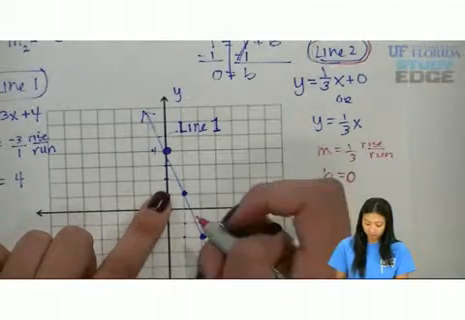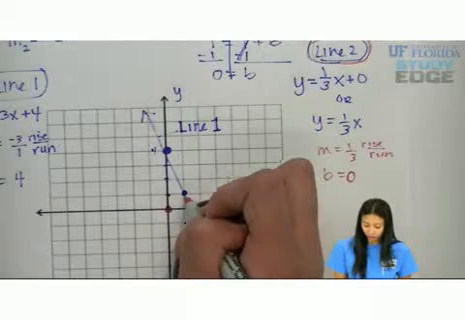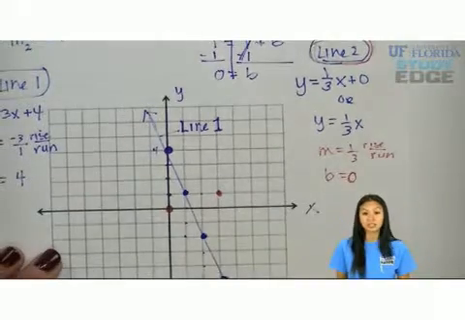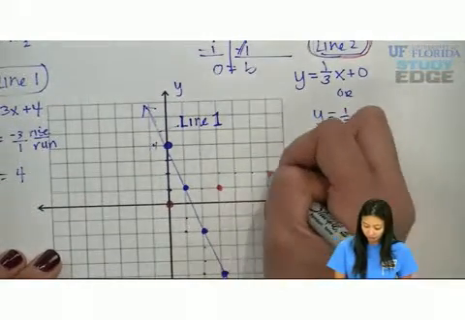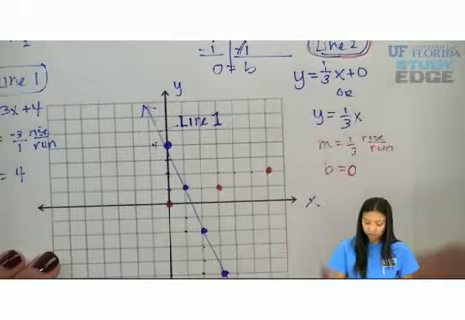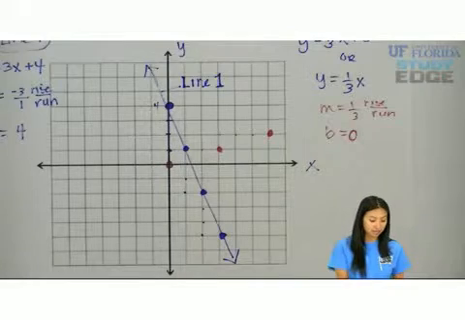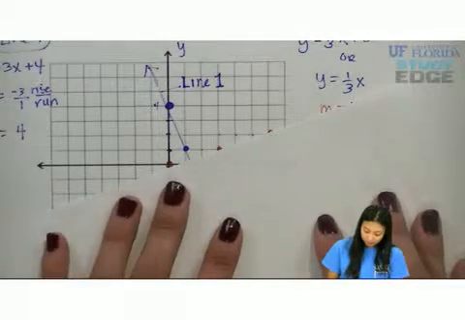It's a positive number, so I'm going to go to the right. Rise 1 over 3. 1, 2, 3. Make a point. Like directions, right? Rise 1, go over 3. 1, 2, 3. I have a few points now, so I could just connect those points and make my line 2.